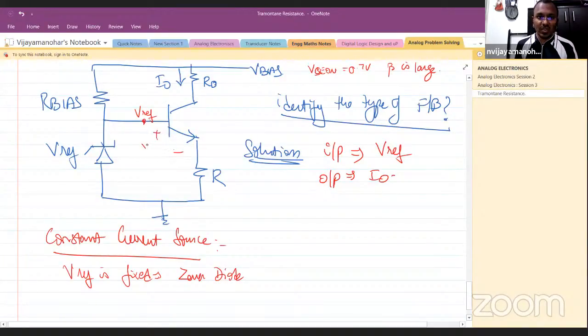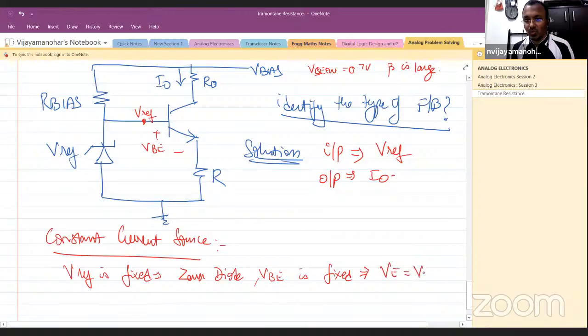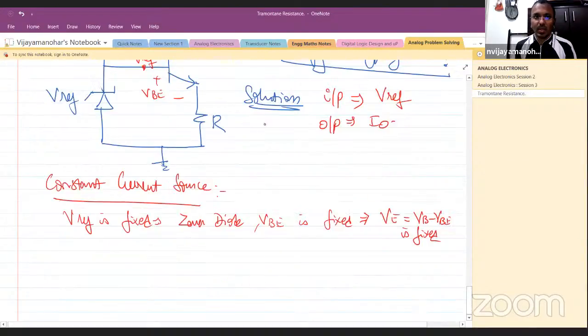Now VBE is fixed, which implies VE is equal to VB minus VBE, which is fixed. So the emitter voltage is fixed. The base voltage is fixed, the base emitter drop is fixed, so the emitter voltage gets fixed.